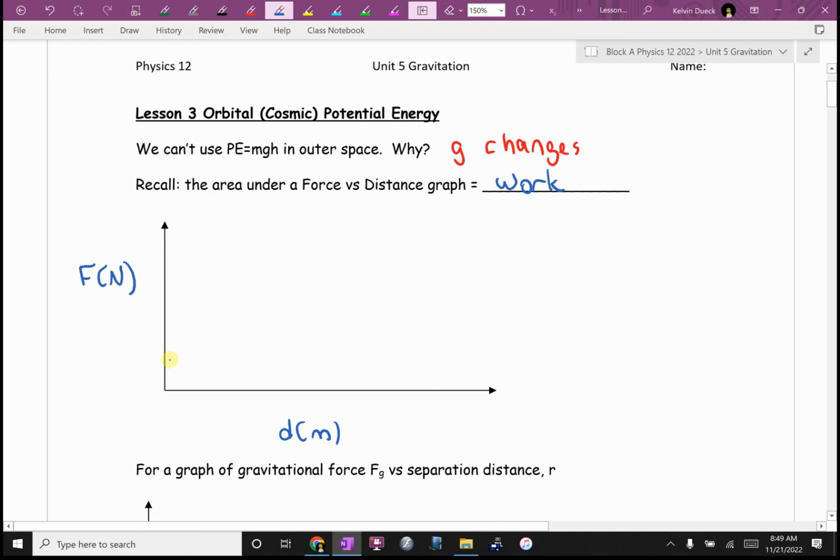And then draw a line that starts out kind of low and gets high, because that's our changing force. Starts out small and gets bigger and bigger and bigger. And then somewhere, right about here, put a point, call it lowercase a. Put a point right here, call it lowercase b.